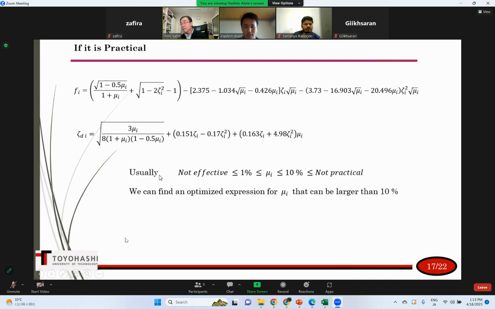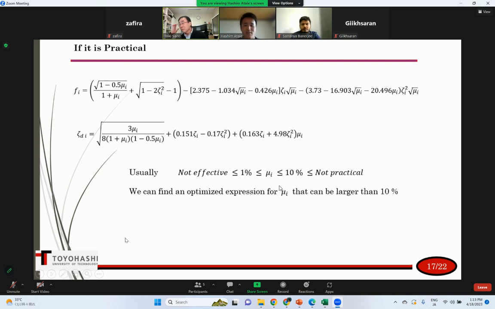And also, in some papers it is said that usually we use a mass ratio between 1% and 10%, because less than 1% is not effective and more than 10% is not practical because large mass is not practical. So if this idea works, then why can we not find an optimized expression for the mass ratio as well?